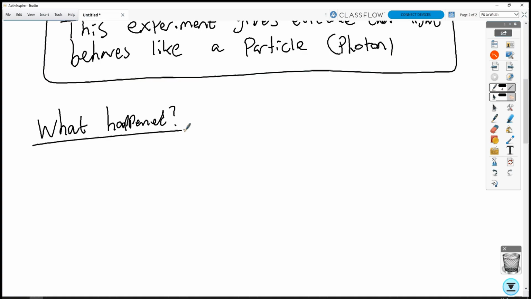But let's assume we don't know that yet. Because prior to this experiment, we don't know that light behaves like a particle. We say that light is a wave, an electromagnetic wave. So light has a wavelength. Light has a frequency. We can shine light for some time, a long time or a short time.